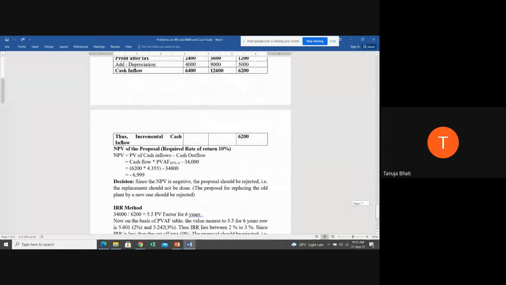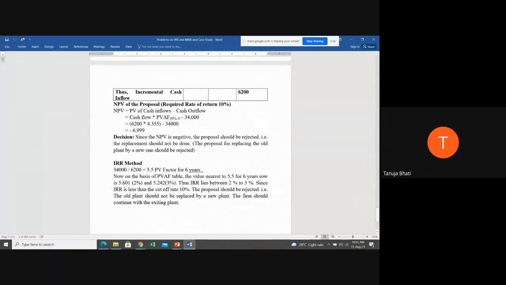So do you want to solve the problem again using the formula? If the IRR is between 2% and 3%, you can calculate IRR by using a formula which we have seen. Is that required? Or now you know that K is 10% and your IRR is between 2% and 3%.